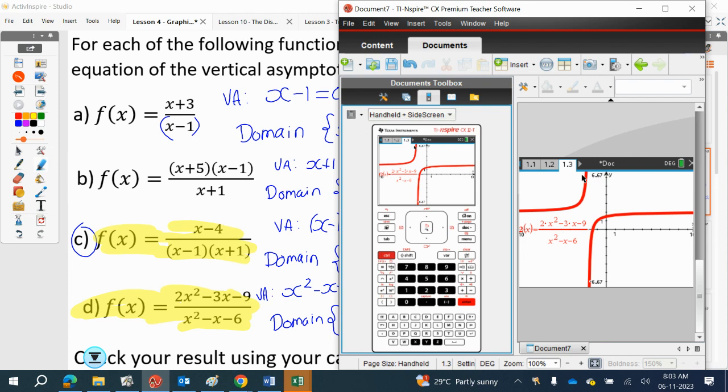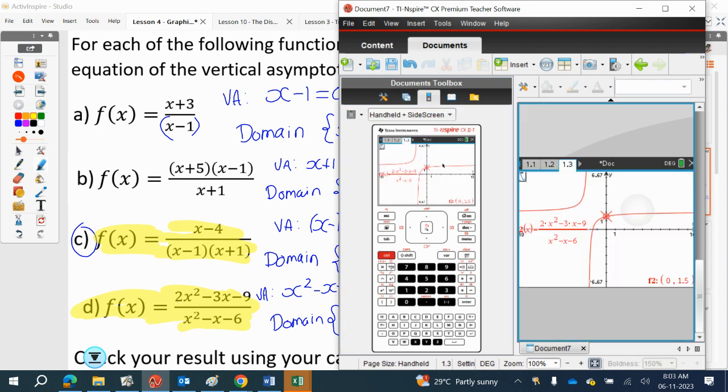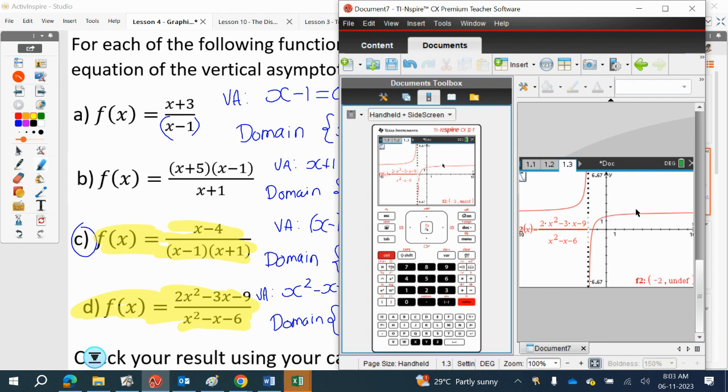We're not seeing two asymptotes. We thought there's going to be one at x equals -2 and x equals 3. So just tracing the graph, type in -2. We see there's a vertical asymptote there. It's undefined here in the bottom right corner, that is a vertical asymptote.